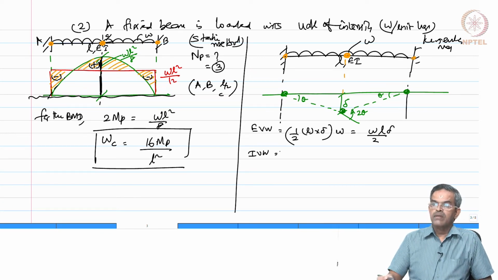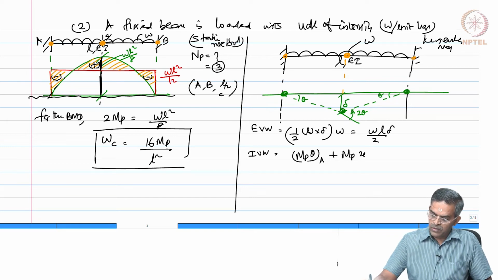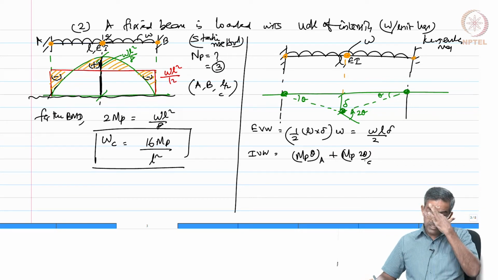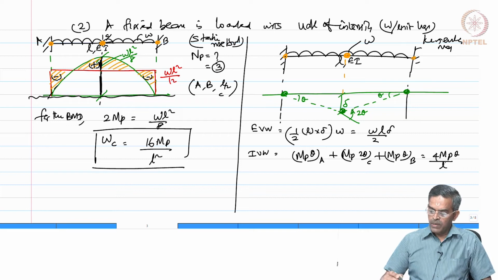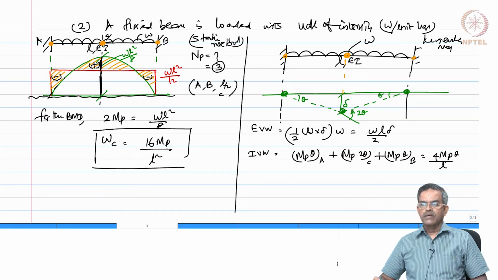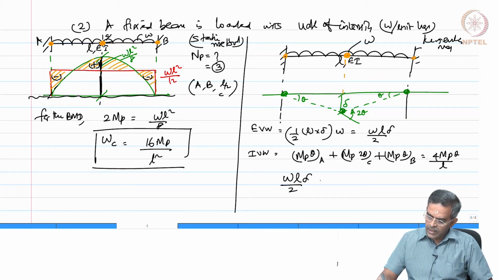Internal virtual work will be equal to MP into theta at A, plus MP into 2 theta at C, which is the midspan of the member, plus MP into theta at B, which becomes 4 MP theta. By principle of virtual work, I must equate external to internal virtual work. So, W L del by 2 should be 4 MP theta.